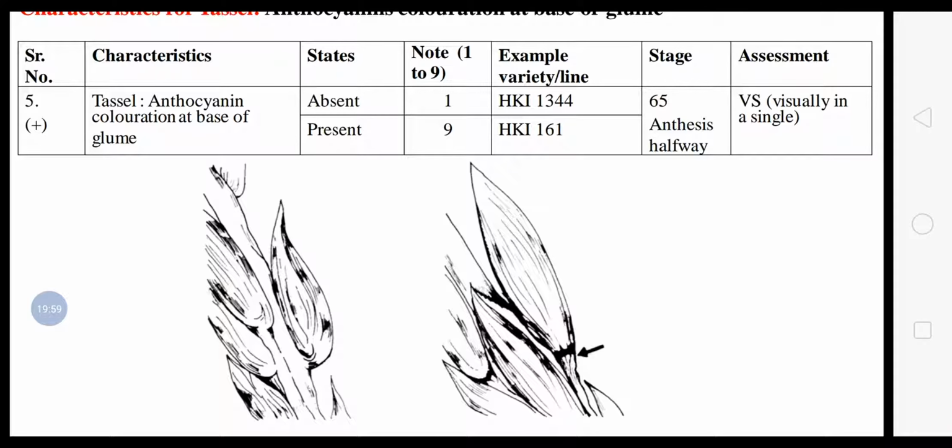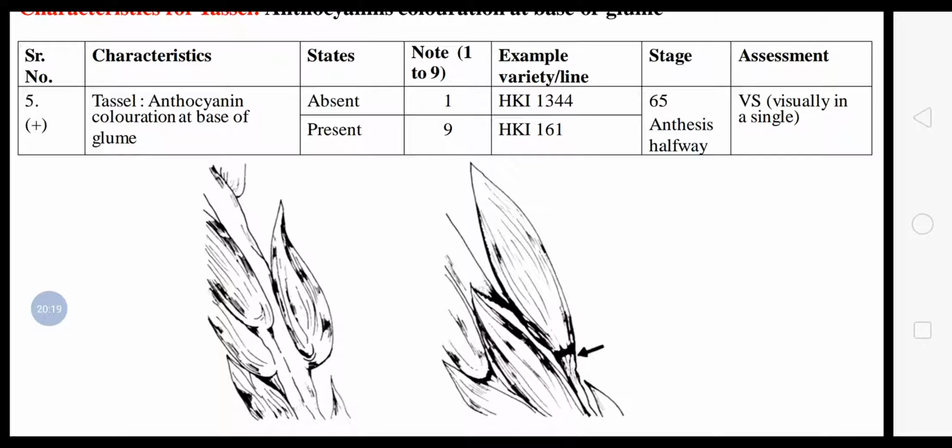So anthocyanin coloration at the base of the glume is considered as absence or presence. Absence is scored as 1, which is found in HKI 1344, and present means 9, HKI 161. These are examples of different varieties which show this kind of character.